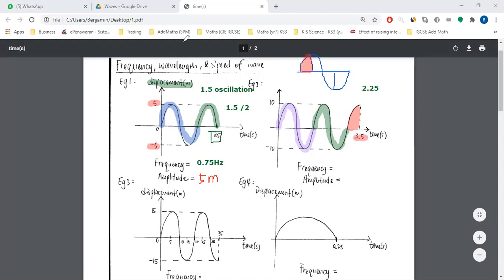So it's 2.25 divided by 3.5, and then you get the frequency. So the frequency is 0.64 hertz. Amplitude 10 meter. Just write down 10 meter.